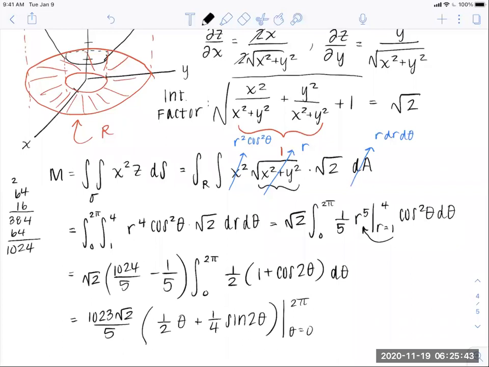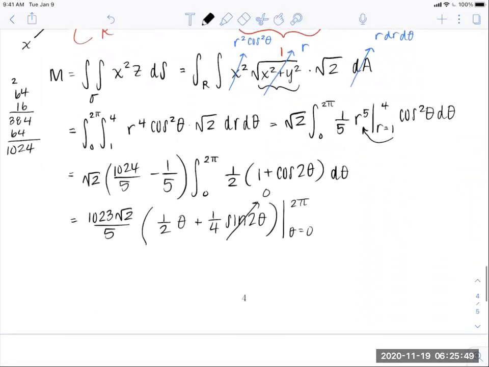The sine function here dies at all integer multiples of pi. And of course, 0 is 0. So I'm just going to kick out an extra factor of pi. So my final answer here is 1023 root 2 over 5 pi.